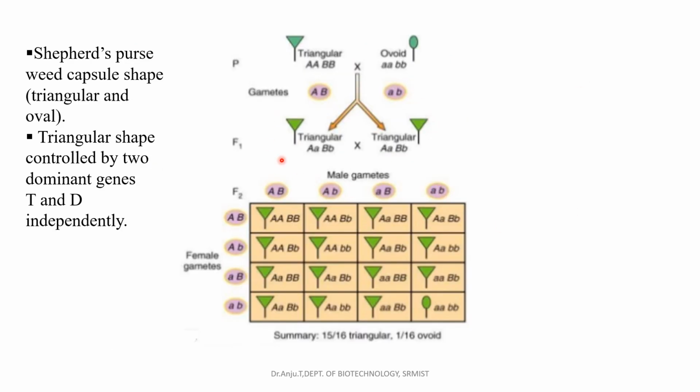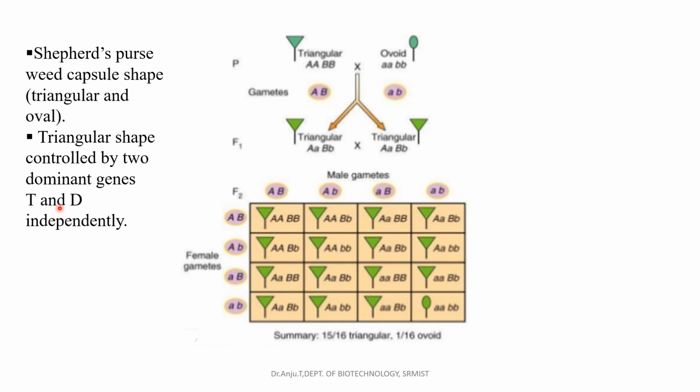The example for a cross we have taken is the shepherd's purse weed capsule shape. Either it is triangular or oval. Triangular shape is controlled by two dominant genes T and D independently. So you perform a cross and you see here, T and D are two genes.